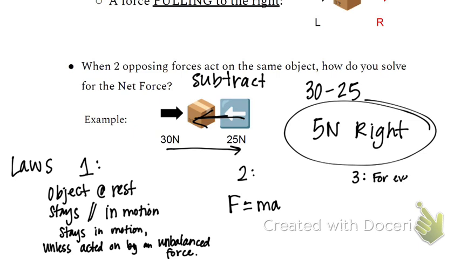For every action, there is an opposite but equal reaction. Or forces come in pairs. If you're pushing on the table, the table is pushing back on you.